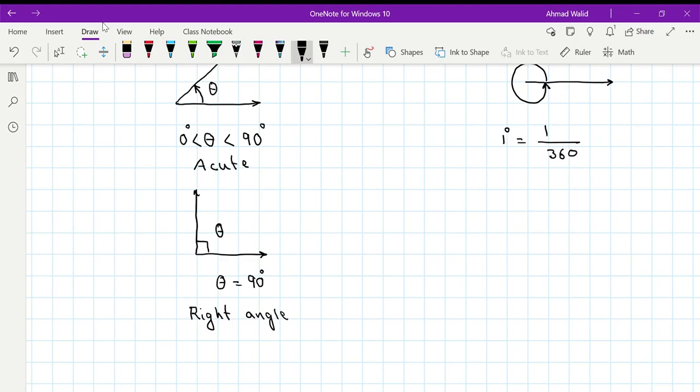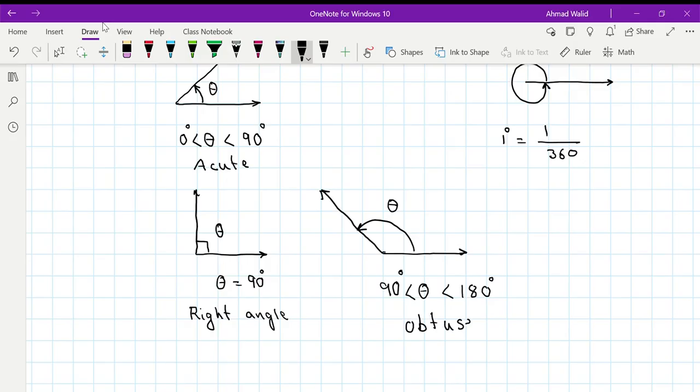Look at the other one. If this is theta, and your theta is greater than 90 degrees and less than 180 degrees, we call this angle an obtuse angle.